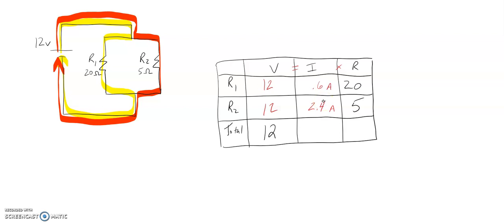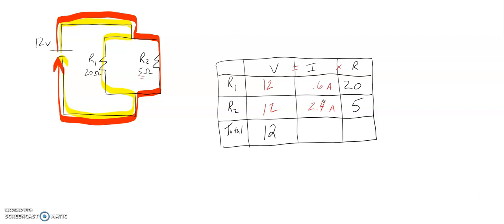Notice you get more current, 2.4 amps, through the lower resistance side. It's because the current is going to split up, and current is lazy. It tries to take the easiest path, or most of it is going to take the easy path. So if it has a choice of going through R2 or R1, the majority of the current is going to go through R2 because it's the easier path. It has less resistance. So that's why you get more current through R2 than you do through R1.